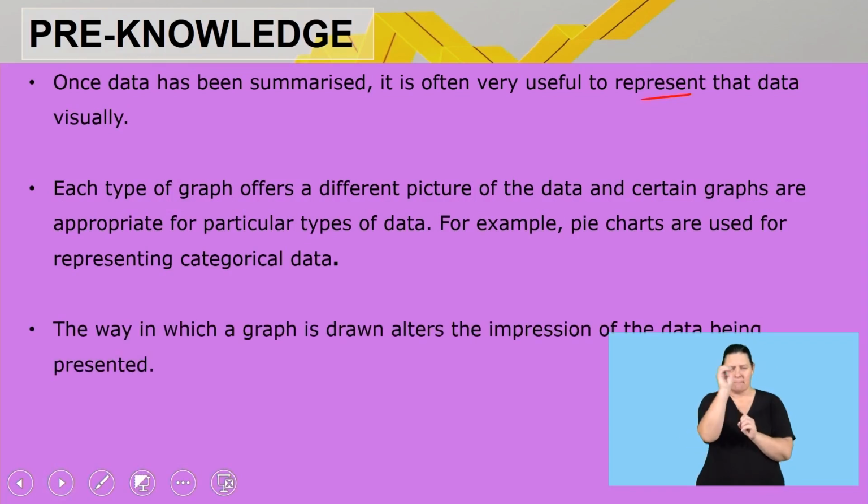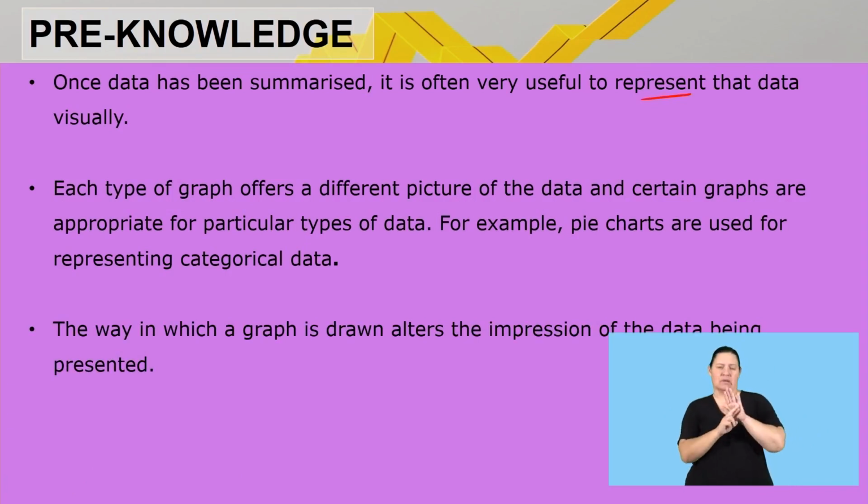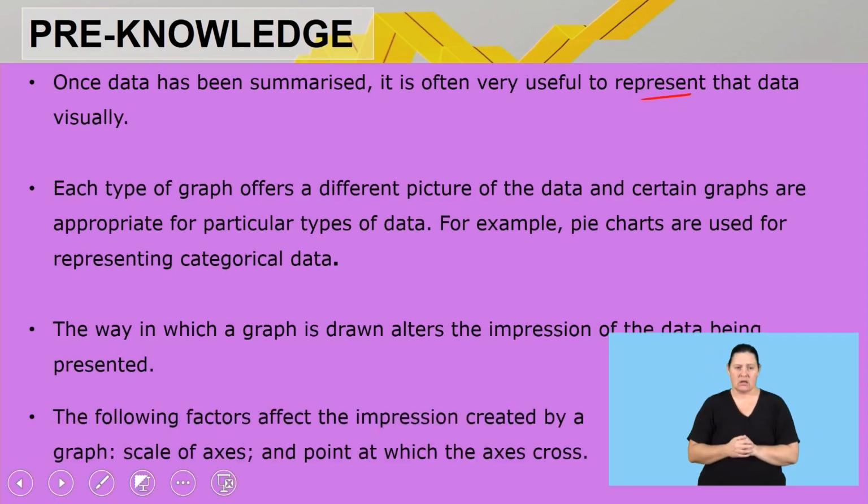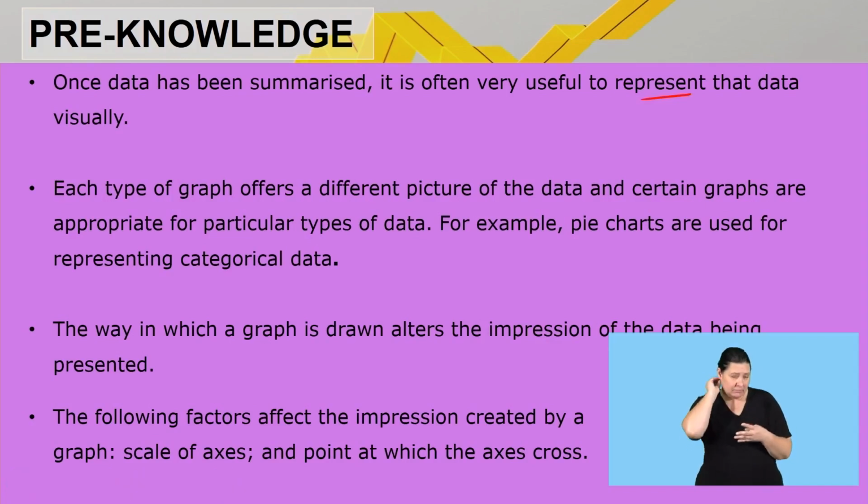Then also important, the way in which a graph is drawn alters the impression of the data being presented. The following factors, and I want you to keep this in mind, affect the impression created by a graph: the scale of the axis and the point at which the axes cross. More on that as we progress with our lesson.